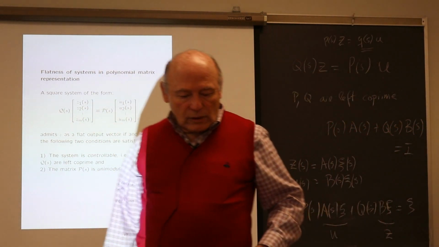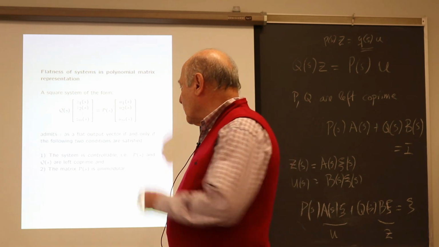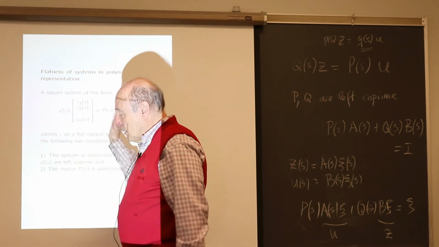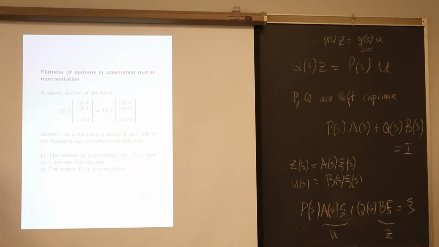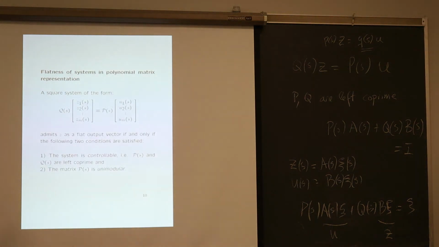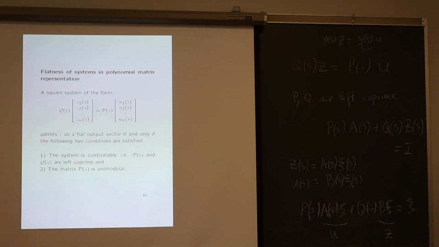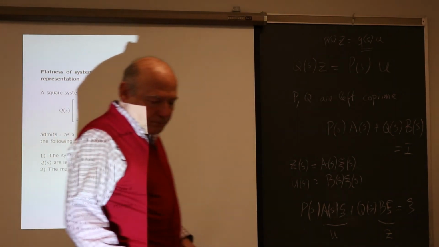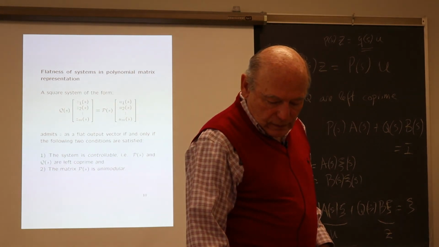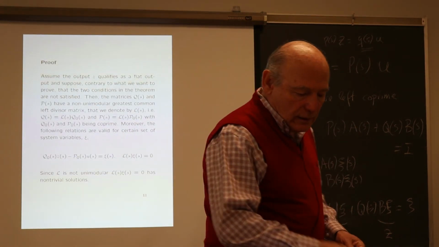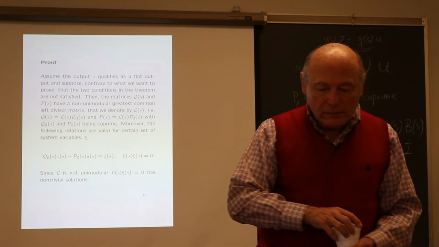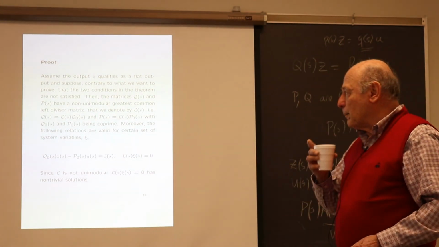So this is the natural generalization of flatness to multi-input, multi-output systems in the input-output representation, where matrices Q and P guarantee the controllability of the system. That means the left coprimeness of Q and P is the condition of controllability, which in the SISO case is very simple. Well, we can prove that.